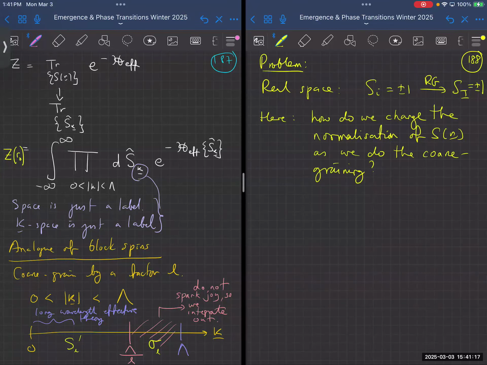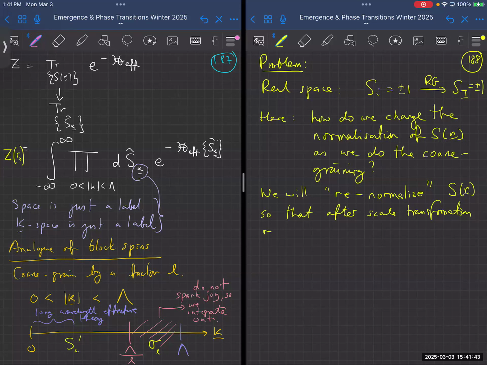So what we're going to do is we will literally renormalize the spin variable S of R, or its Fourier components, so that after the scale transformation, and then rescaling of space, we get an effective Hamiltonian that looks like the original one.